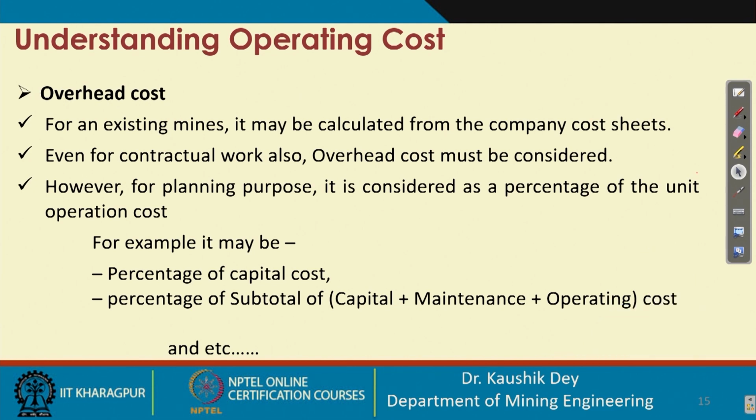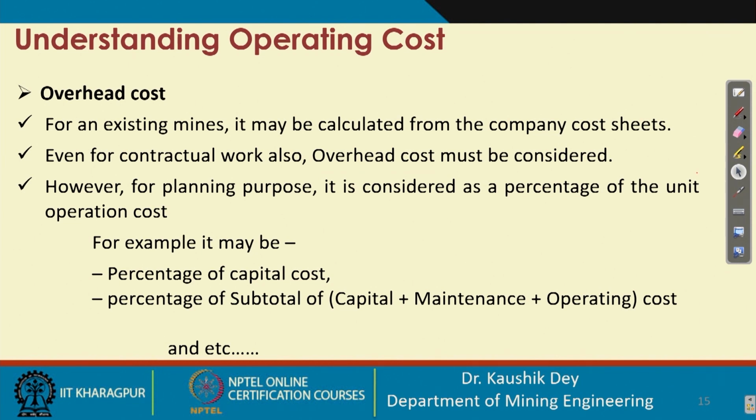Basically, this overhead cost is the cost given to the head office or other miscellaneous cost heads, and the allocation of that money comes from the calculation of this unit operation overhead cost. So, generally a percentage of capital cost or a percentage of subtotal, that is capital plus maintenance plus operating cost, is considered as the overhead cost.